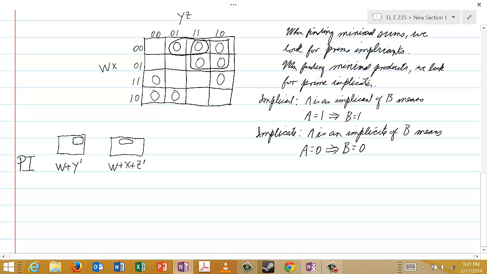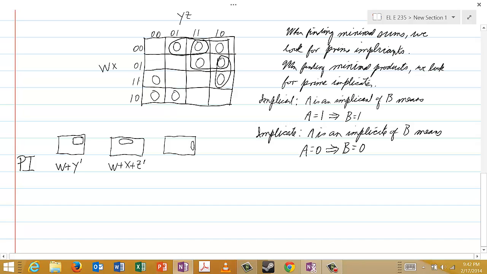Another rectangular grouping of 2 zero cells is right here. Now I encourage you to try to figure out the name for that and then come back to the video. So I hope you had luck with that, and let's see what we have. W is changing, so it's not in the name.